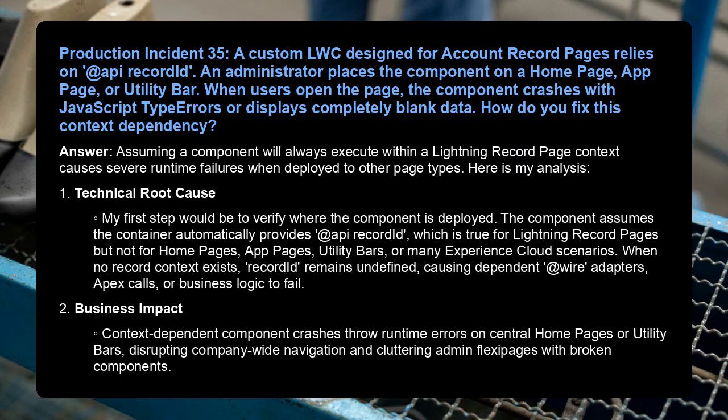Answer: assuming a component will always execute within a Lightning record page context causes severe runtime failures when deployed to other page types. Here is my analysis. 1. Technical root cause. My first step would be to verify where the component is deployed. The component assumes the container automatically provides an @api recordId, which is true for Lightning record pages, but not for home pages, app pages, utility bars, or many Experience Cloud scenarios.